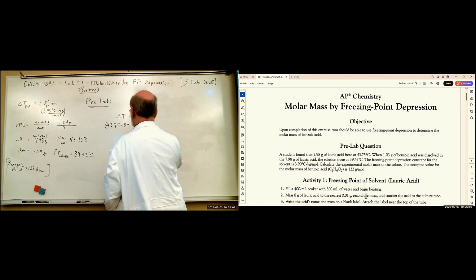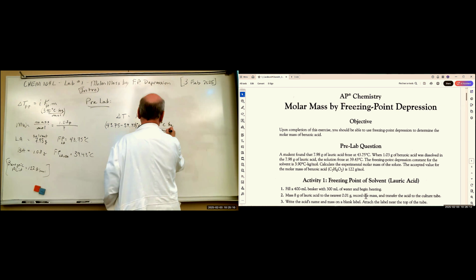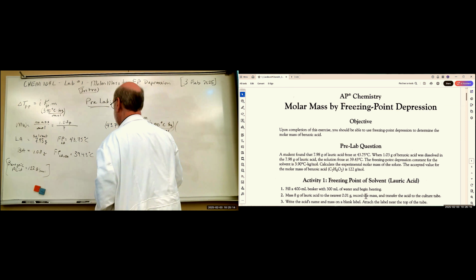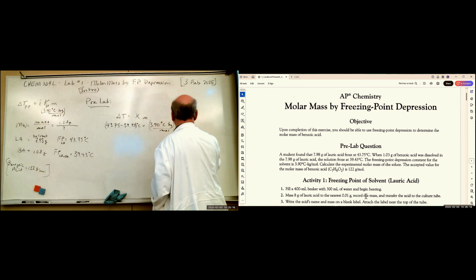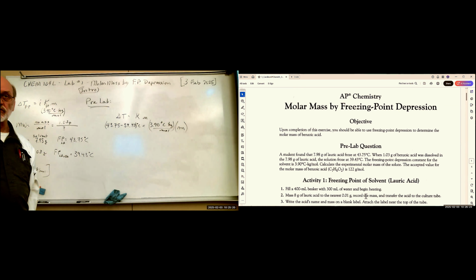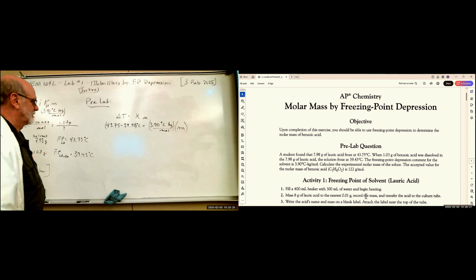Our K is 3.90 degrees C kilograms per mole, so we can solve for molality, which should be moles per kilogram.